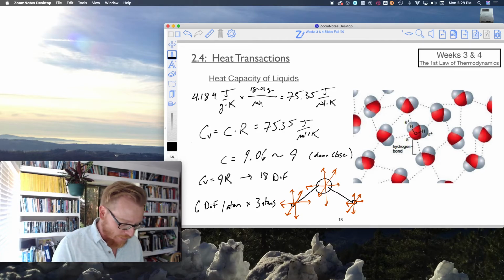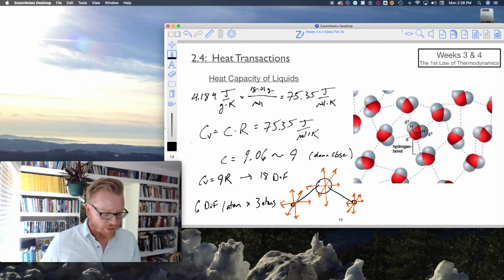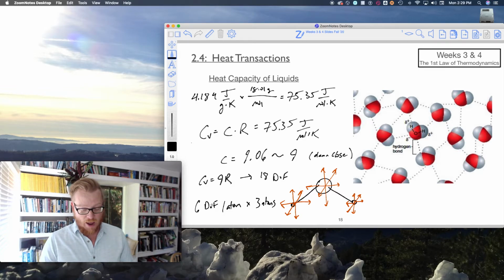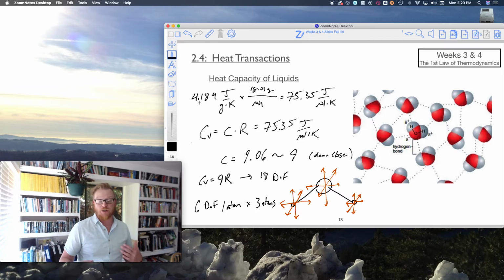So if I go the other way, suppose I just calculate 9R, 9 times 8.314 gives me 74.826, okay? And then if I divide that by the molar mass of water, 18.01, I get 4.155. That's really damn close to the specific heat capacity of water, the measured heat capacity.